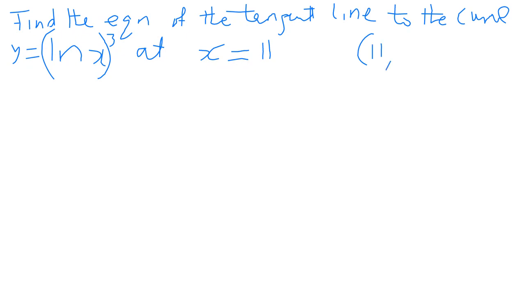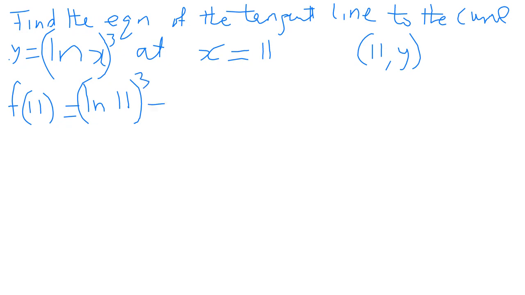I don't know the value of y. So the first thing I have to do is to find the value of y given the value of x. I want to rewrite y as f of 11, which means substitute 11 in this function so I can find the point y. So I did natural log of 11 raised to power 3.